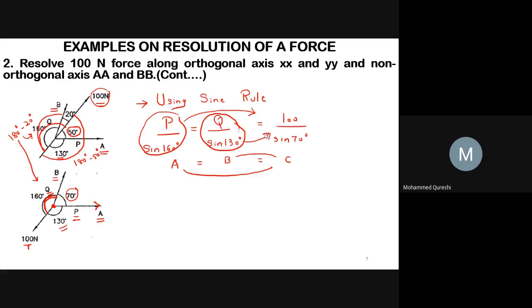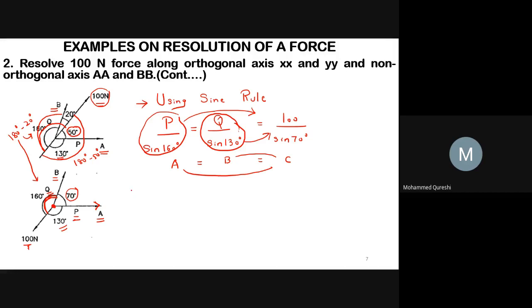So now we have A equals B equals C, so we may go for A equals C and B equals C. Likewise, we will go for P upon sine 160 equals 100 upon sine 70, and Q upon sine 130 equals 100 upon sine 70. By doing this, we can easily get the unknown values of both the forces.